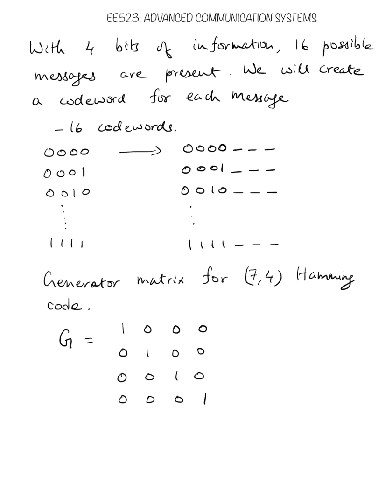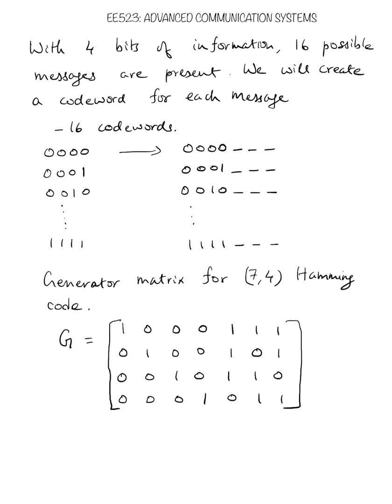So the first part of the matrix is an identity matrix, and then we have a second part, which is 1 1 1, 1 0 1, 1 1 0 and 0 1 1. So that's the second part of the matrix.